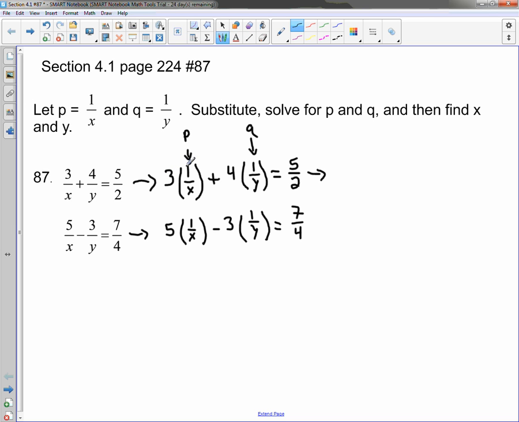Instead of 3 times 1 over X, it's 3 times P, plus, instead of 4 times 1 over Y, it's 4 times Q. And again, we're still okay with the 5 over 2.